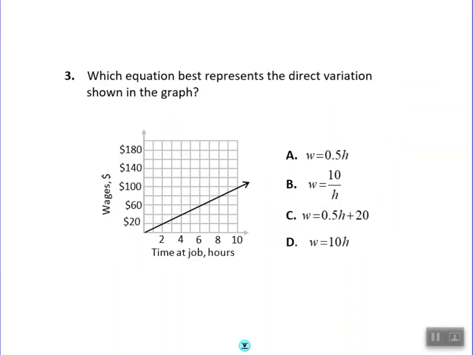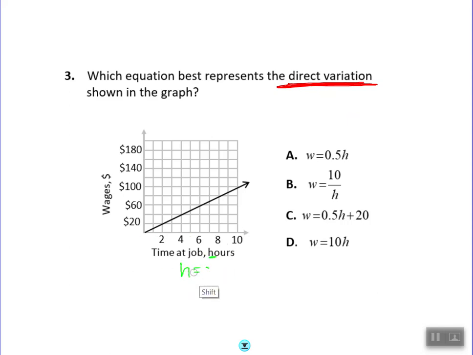Here, our problem says, which equation best represents the direct variation shown in the graph? The easiest thing to do here is to just graph each of these answer choices. But we have W and H, we don't have X and Y. If we look here, this is the x-axis along the bottom, and that's hours.